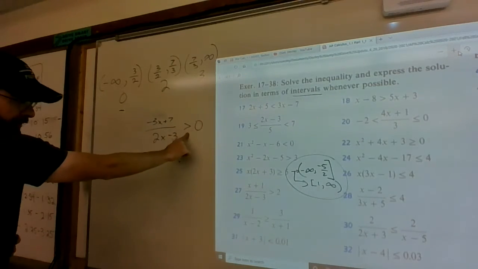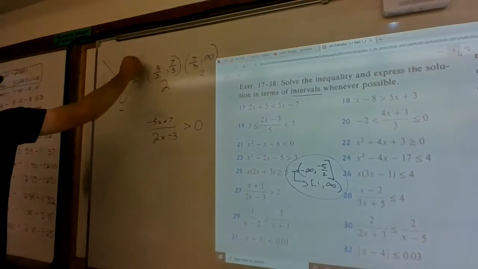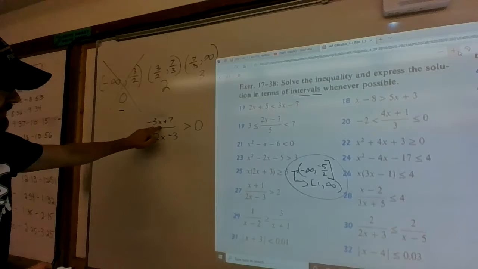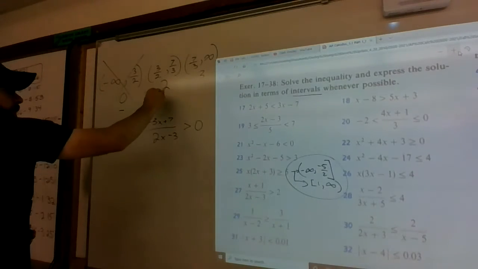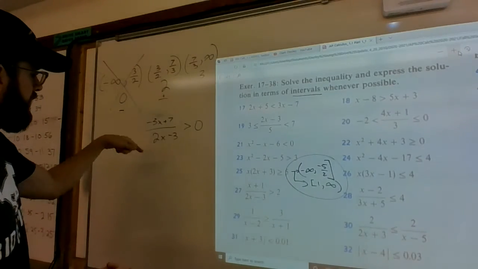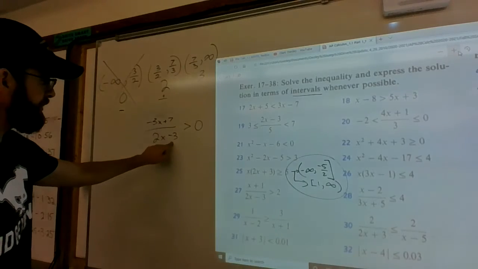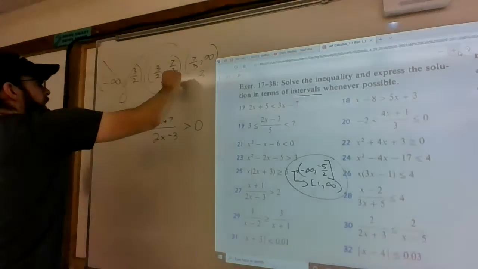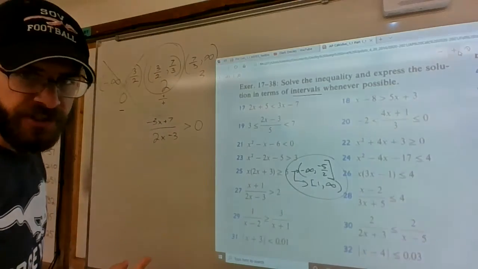So that is not greater than 0. So that's not a part of our solution. Try 2. -6 plus 7, that's a positive number, divided by 4 minus 3, that's a positive number. All right, this is positive, it checks out. So that is a part of our solution set.